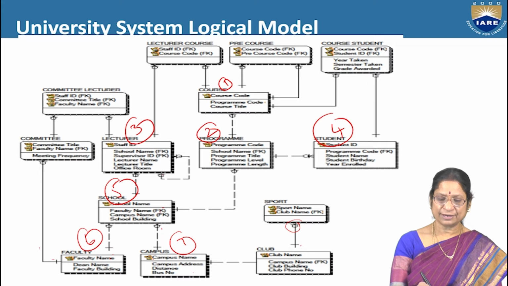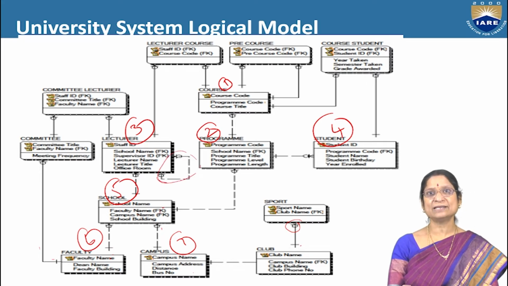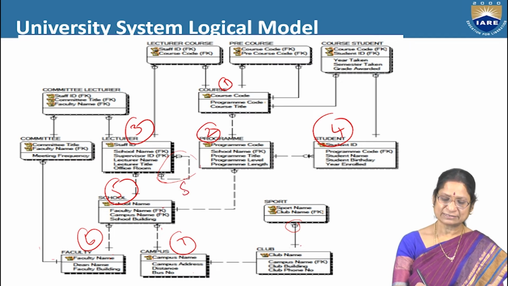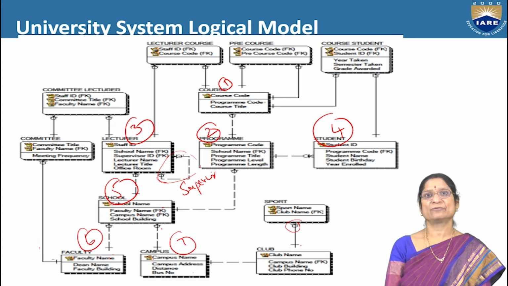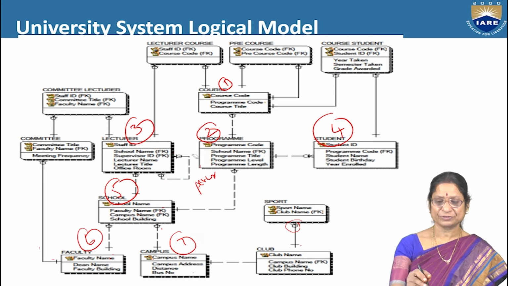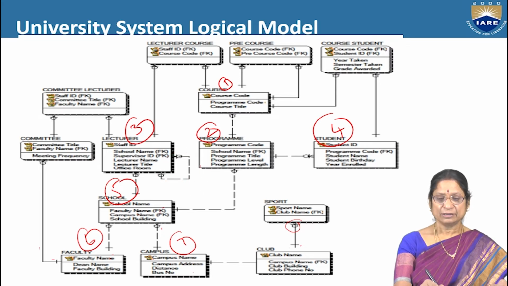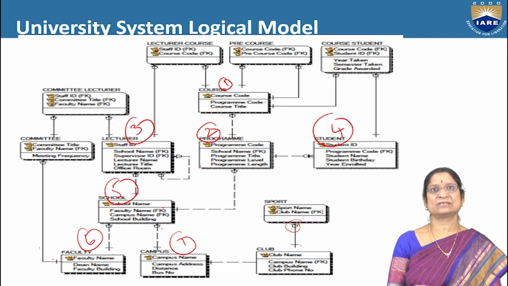And I told you already, lecturer to lecturer, one unary relationship is there. What is that? It's having a supervisor or HOD, etc. For that only this relationship was maintained. Now, these lecturers are going to be members of the committees, committee lecturers.